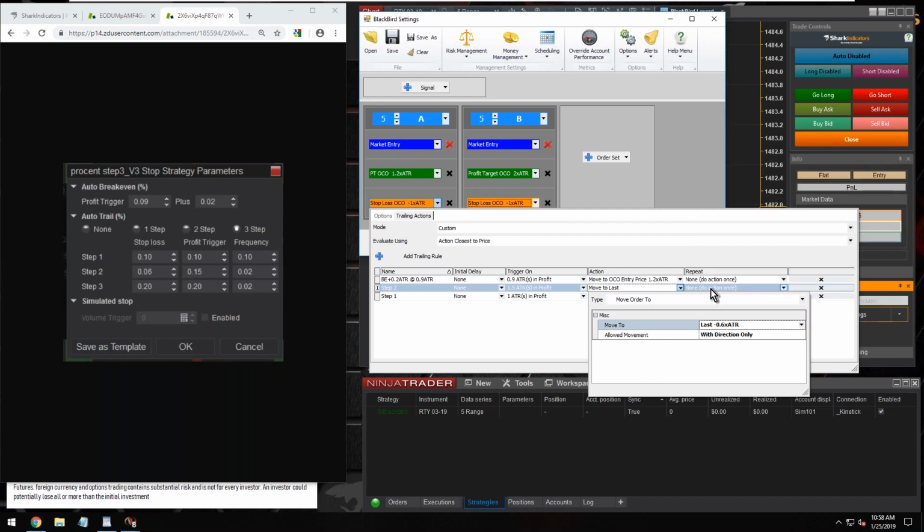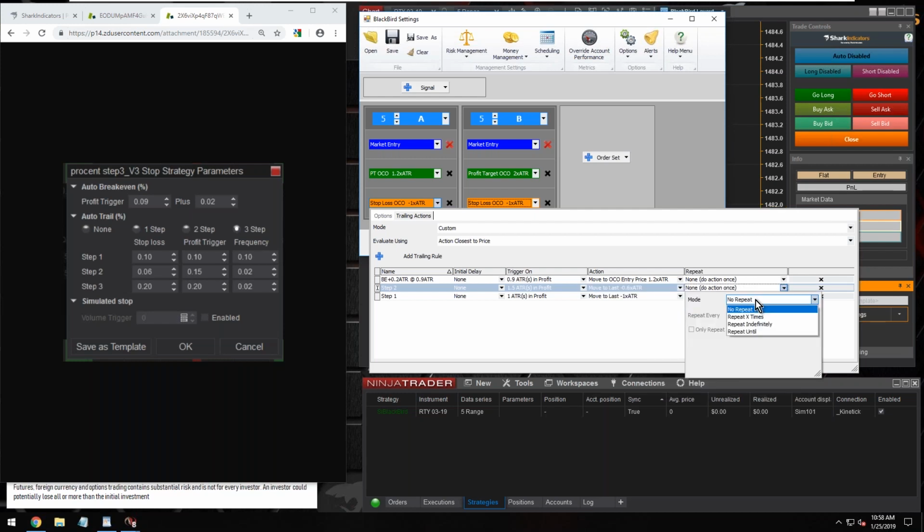All right, and the repeat, or the frequency, we're going to repeat this indefinitely. And since we don't have an ATR option yet, we'll use ticks, and we'll do 2 ticks. So I'll convert 0.02% into 2 ticks just to keep the math simple. All right, there's step 2.